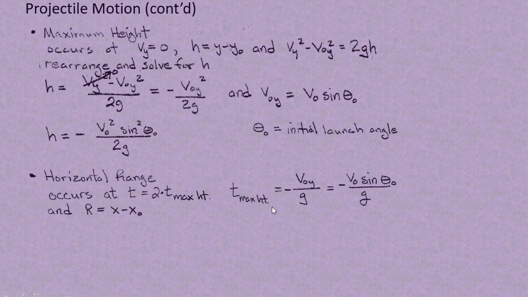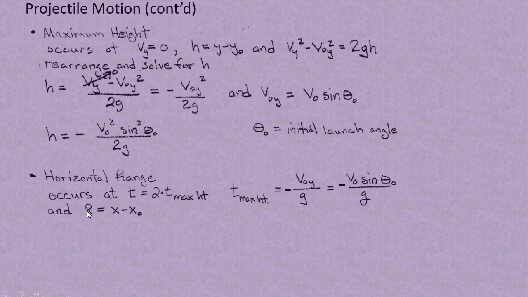We can use kinematic equation 1 and come up with an expression for time at the maximum height, and that is equal to the negative of the initial vertical component of velocity divided by the acceleration due to gravity. And we can substitute our trigonometric expression for v sub naught y, and the time to the maximum height is equal to negative the initial velocity times the sine of the initial launch angle divided by the acceleration due to gravity.